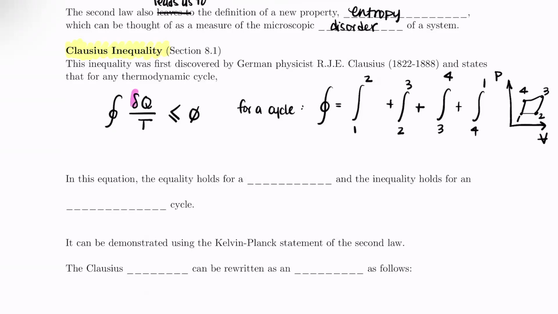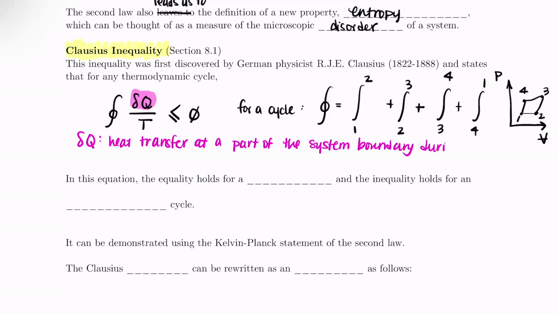Couple of things to point out in this equation. So this term right here, delta Q, is the heat transfer at a part of the system boundary during a portion of the cycle. T is, of course, the temperature.